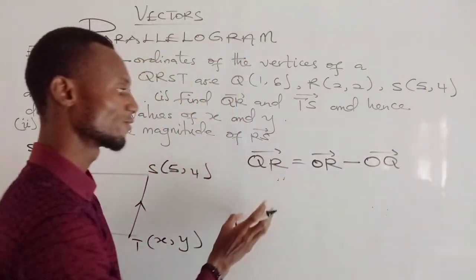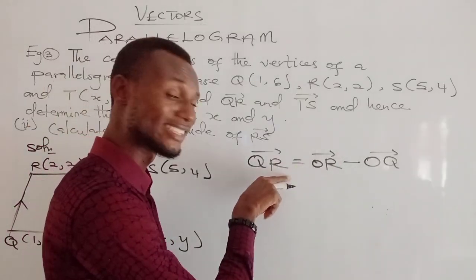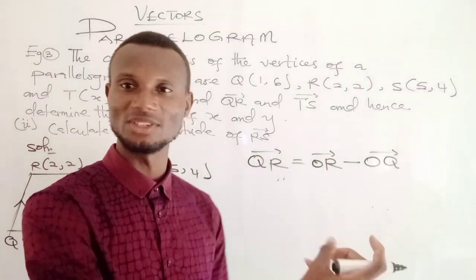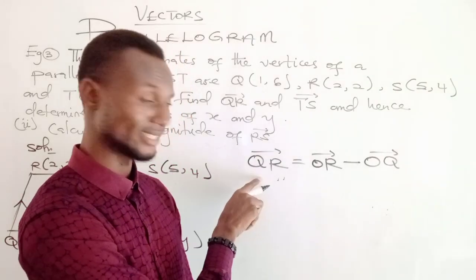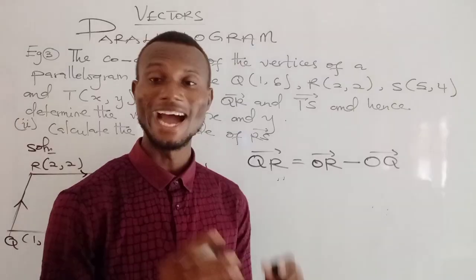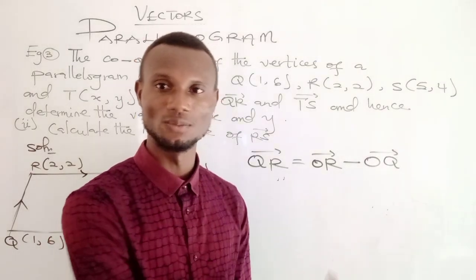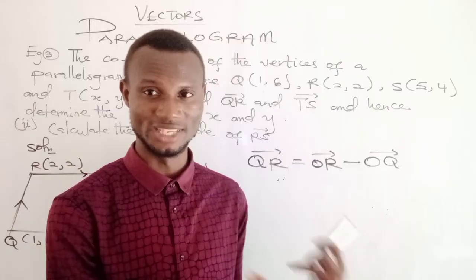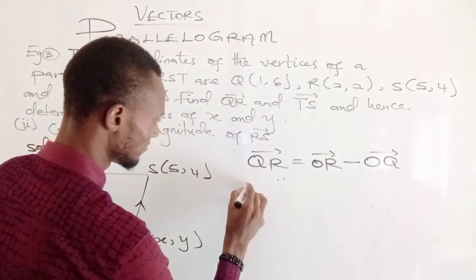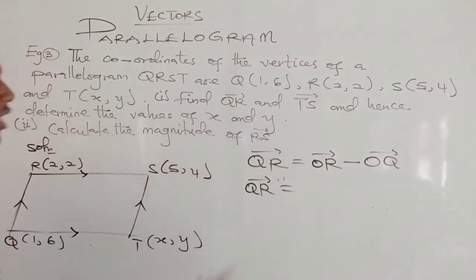So this is how to find the vector QR: the position vector of the last letter minus the position vector of the first letter. So you have OR minus OQ. I hope you understand up to this point. From here, we just need to input our values given. So my vector QR will be equal to OR.